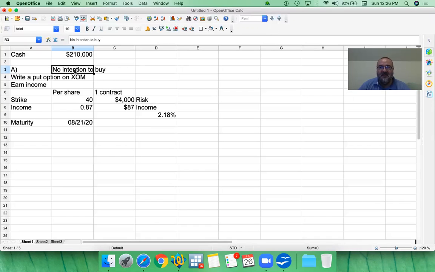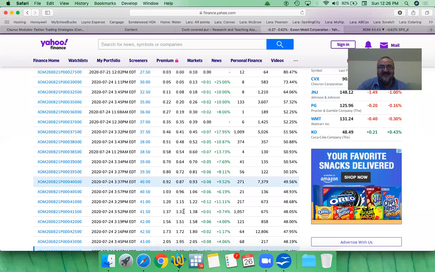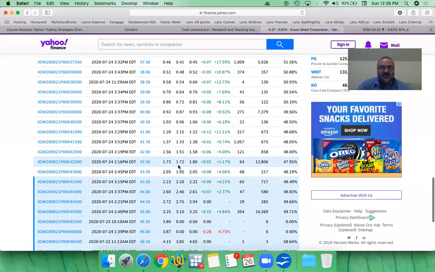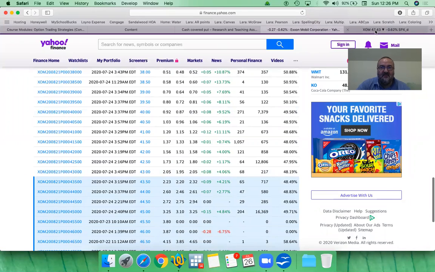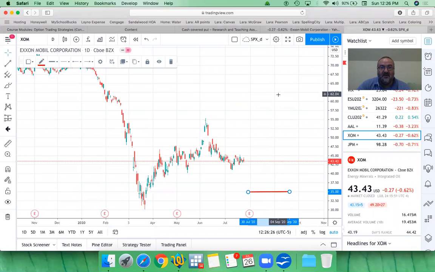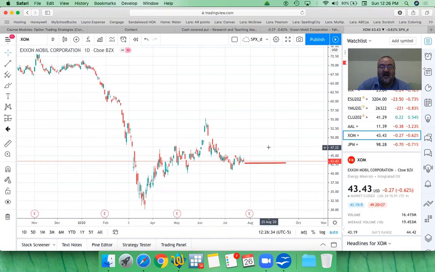If you believe that Exxon is going to go up and you want to take some risk, then obviously you would increase the strike price. You think it's going to go up from here and not down, and you want to come all the way up to, say, $43, believing it's not going to go down anymore, it would just keep going up.